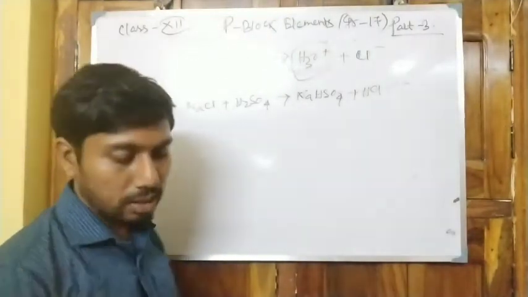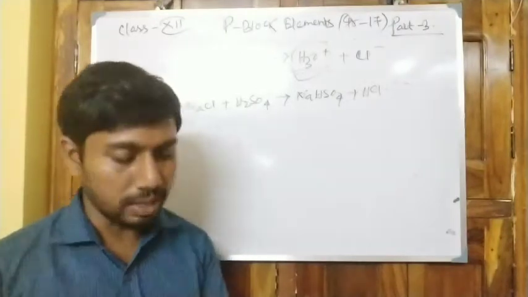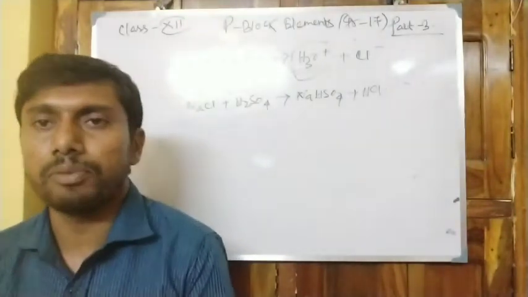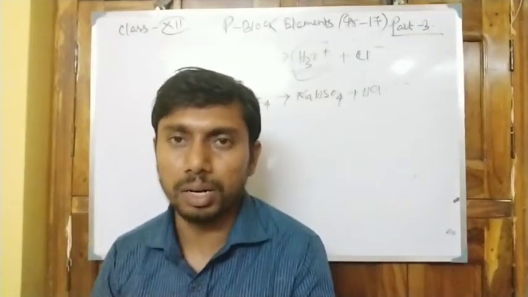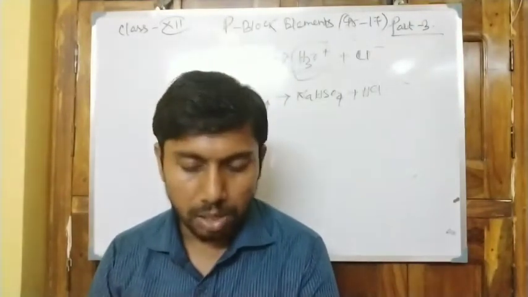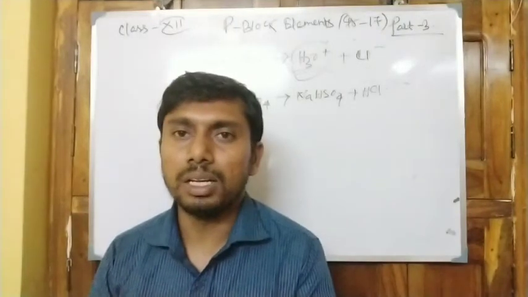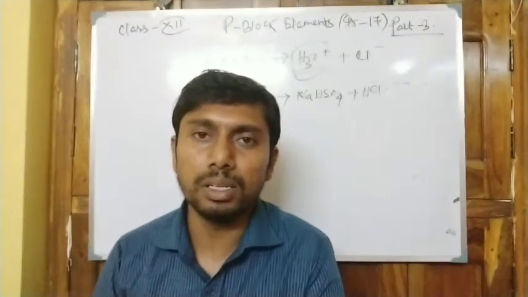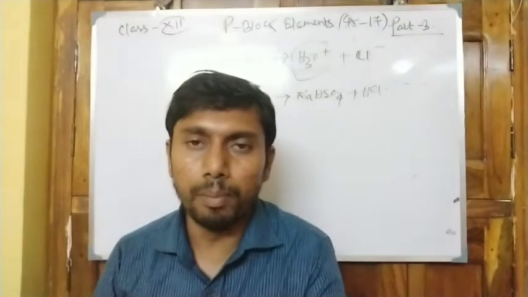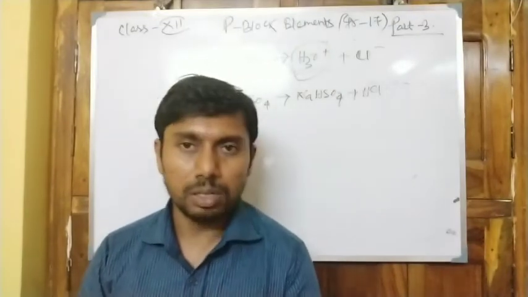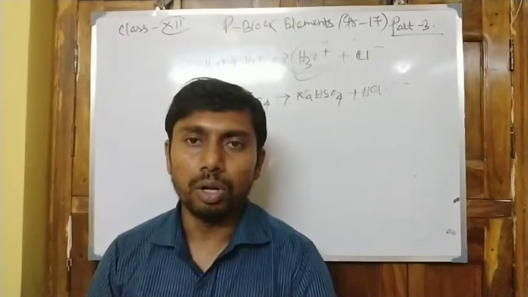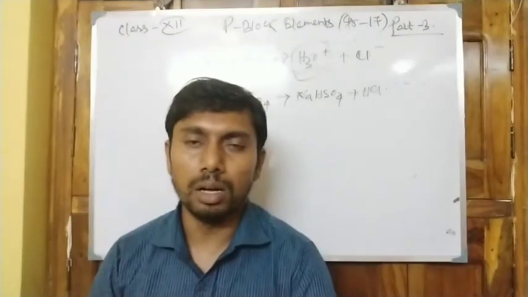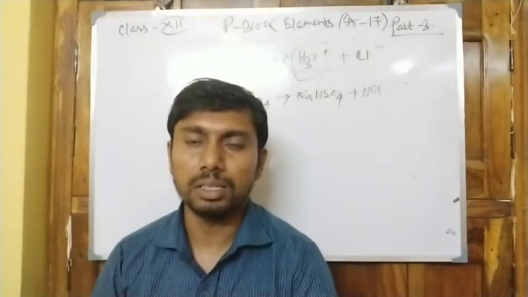Reactions of HCl: it reacts with carbonates and sulfides to produce gases like carbon dioxide, sulfur dioxide, etc. Uses of HCl: HCl is a very important lab reagent. It is used to produce different gases, and also in oxidation reduction reactions.